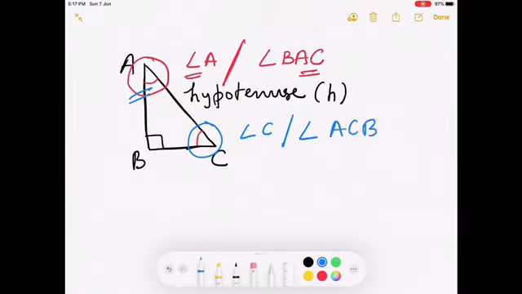So in a right angle triangle basically there are two more angles.